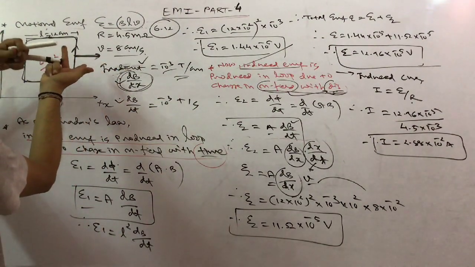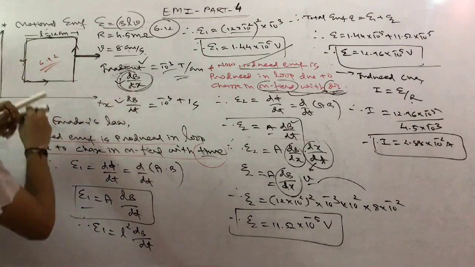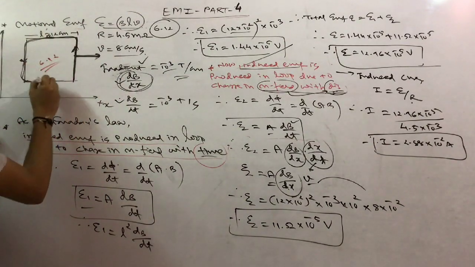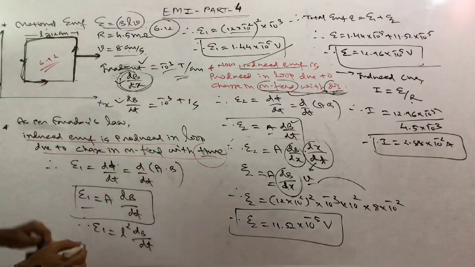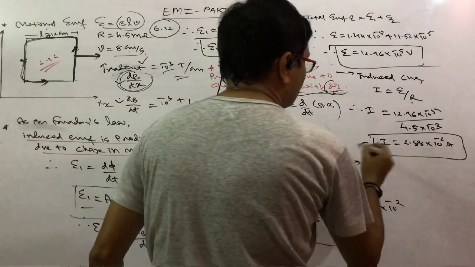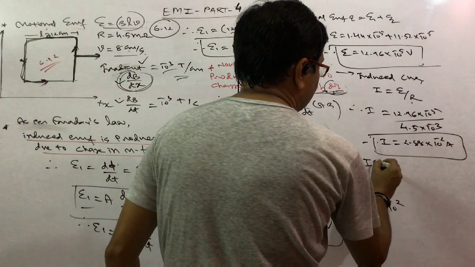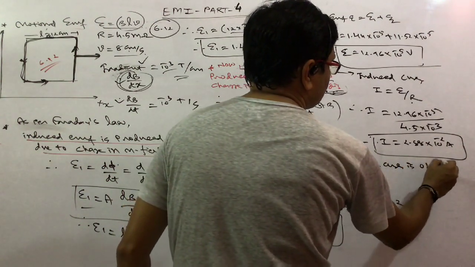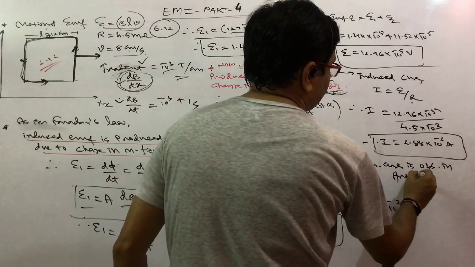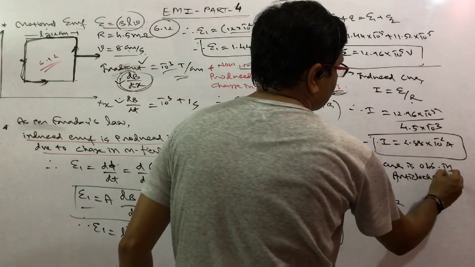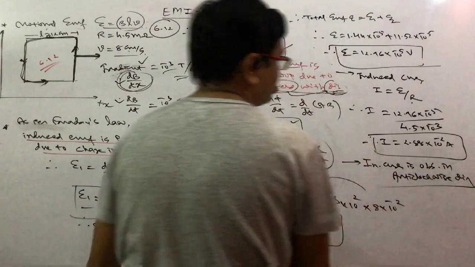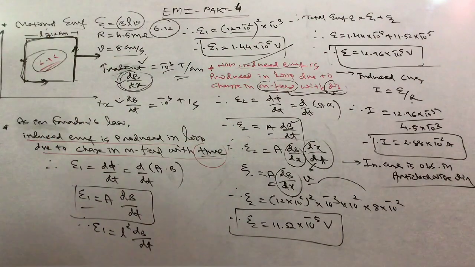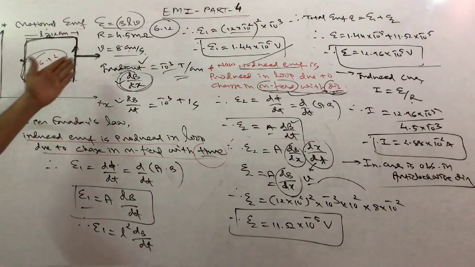So this middle finger simply represents direction of current. So current flows in this direction, already represented here, you can see. So this is current, it is already in anti-clockwise direction. So I can write induced current is observed in anti-clockwise direction.